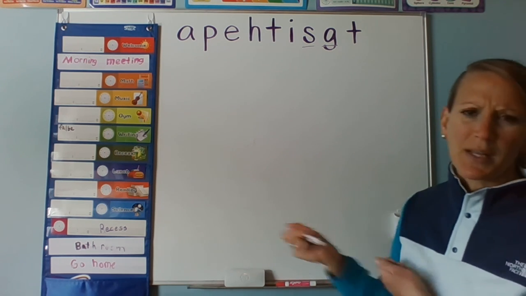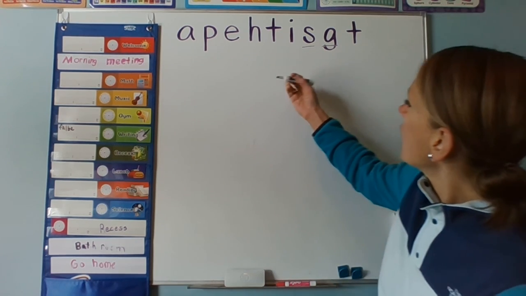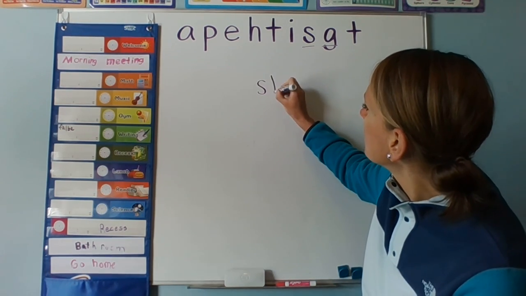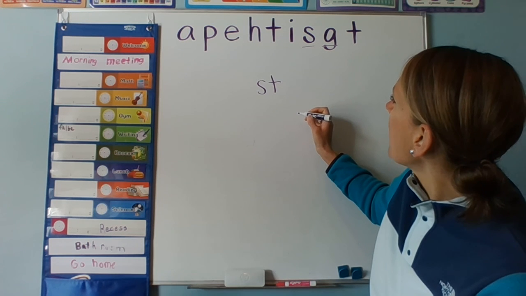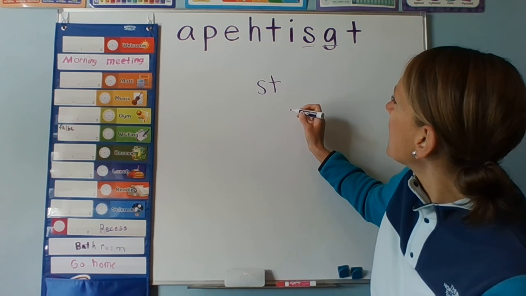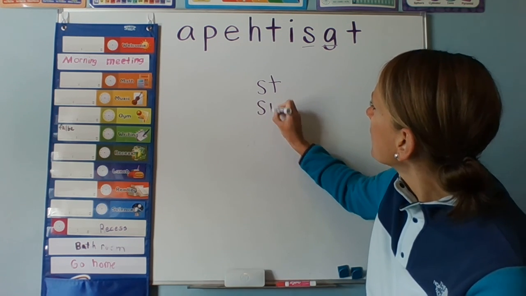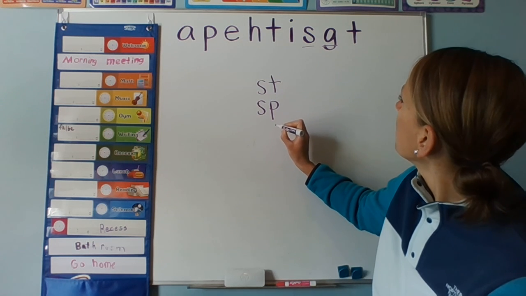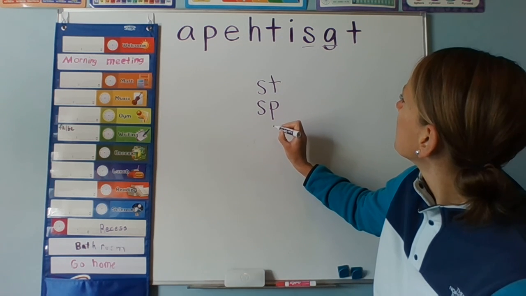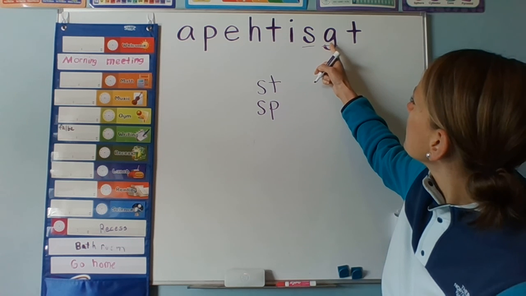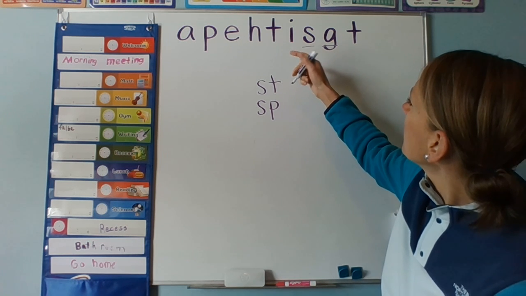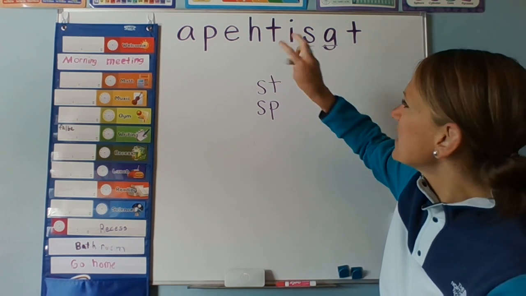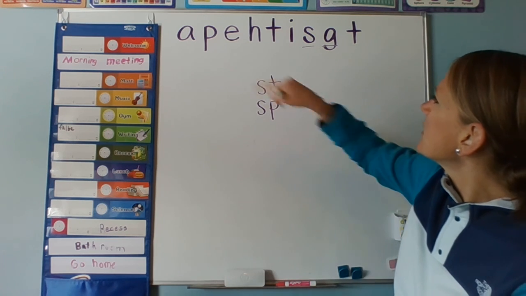Okay, so we know it starts with a consonant blend. Let's look at some of the consonant blends we could make. So we could make ST. We could make SP. We could make, can we put G with anything? If we put TH and SH, those all make different words.